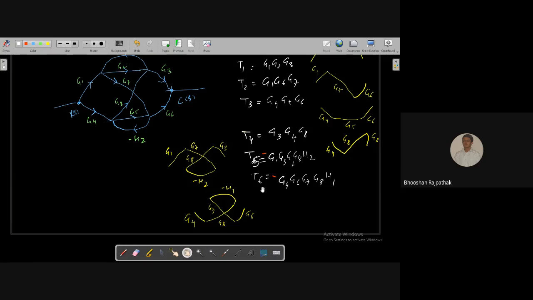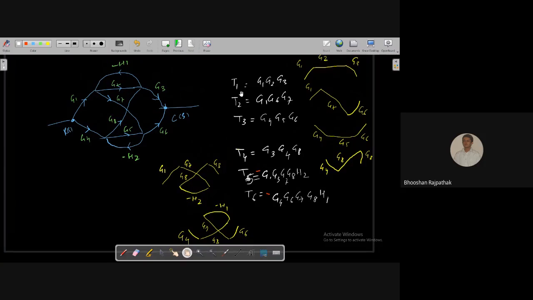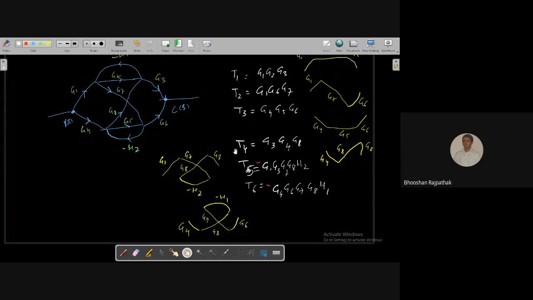So now we have listed all 1, 2, 3, 4, 5, 6. Okay, that is how we traverse.